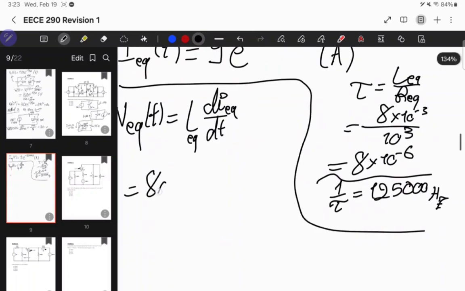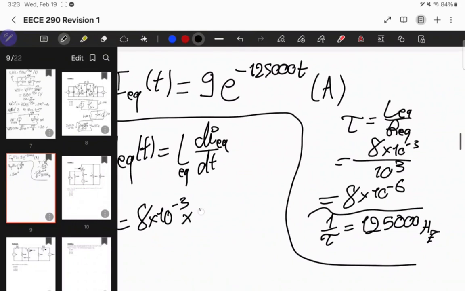L equivalent is 8 times 10 to the minus 3. Di by dt, we have 9, multiplied by minus 125,000, and then multiplied by exponential minus 125,000 t.